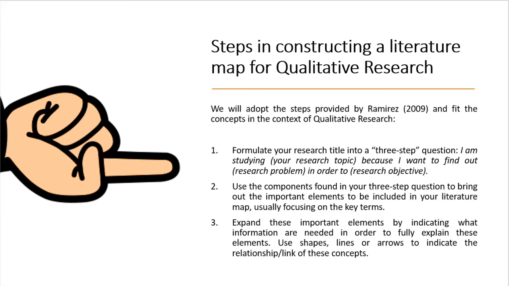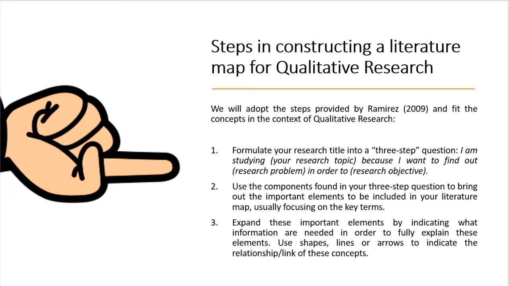And all you need to do for this 3-step question is to fill in the blank. I am studying blank, your research topic, because I want to find out blank, what is your general research problem, in order to blank, fill in your research objective.